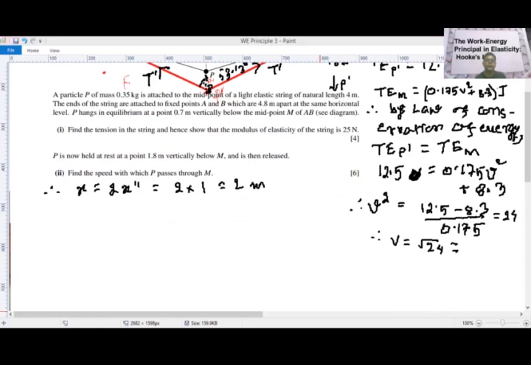So this is the square root of 24, and then equal, it is 4.898979. So nearly you can write 4.90 meter per second.